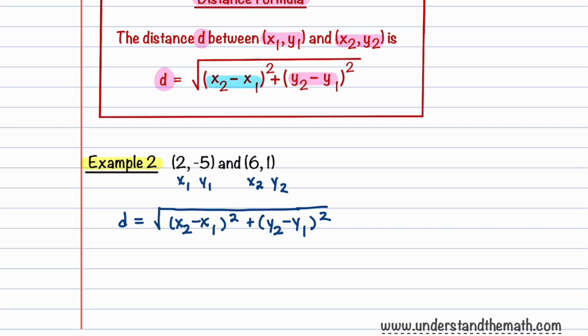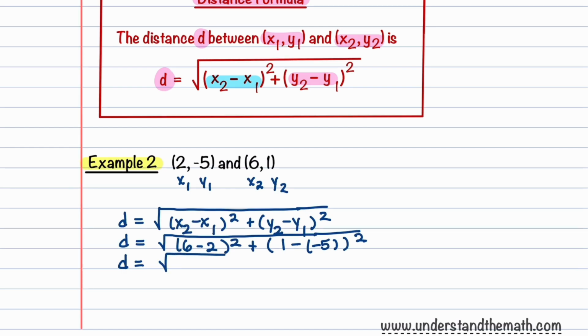Now we can just go ahead and plug in. Our d is the square root of x2, which is 6, minus x1 is 2, that squared, plus y2, which is 1, minus y1. Now here we have to be careful because y1 is negative, so we have a minus 5, and that all gets squared.